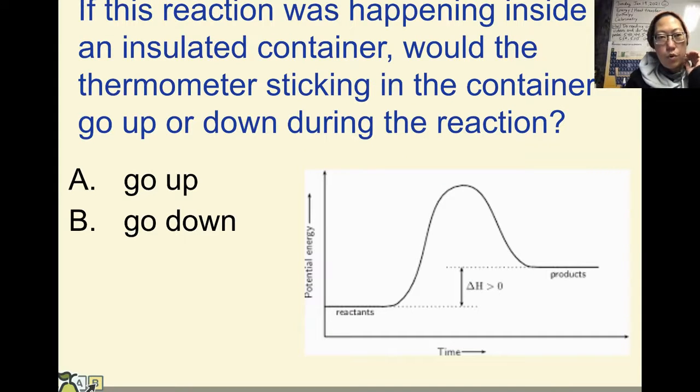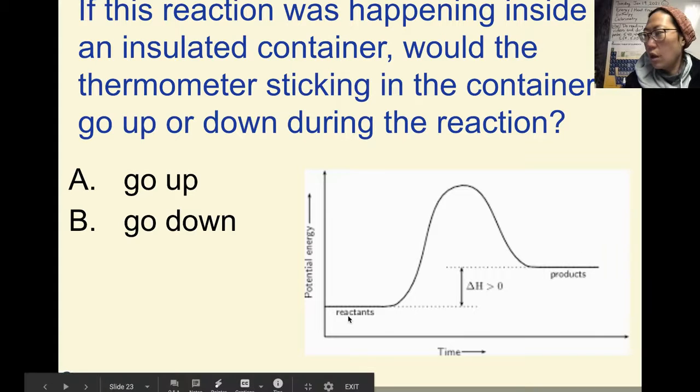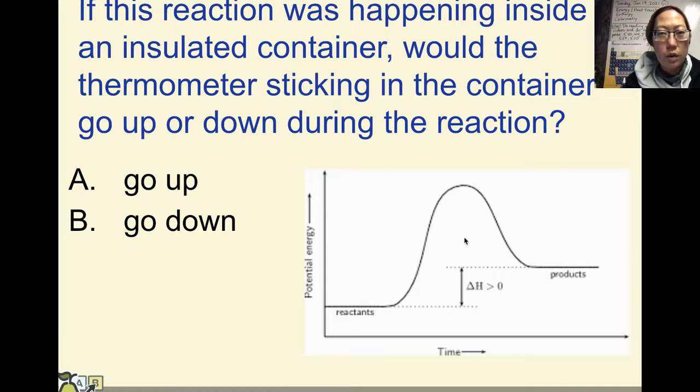So finally, if we put a thermometer in this reaction, first of all, this is going to be endothermic. We have an endothermic reaction, and it is going to end up at a higher potential than the reactant. We want to make sure that we understand what the surroundings and the system are. The system is this reaction. If we put a thermometer into the container, they're asking, would the temperature go up or down during the reaction?